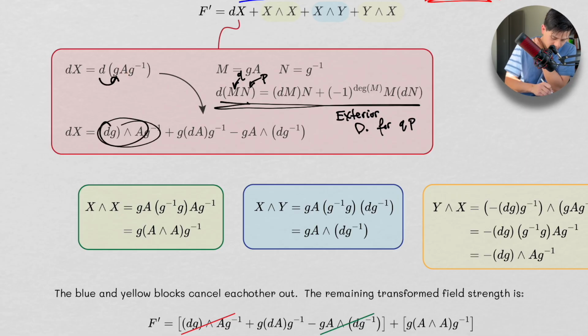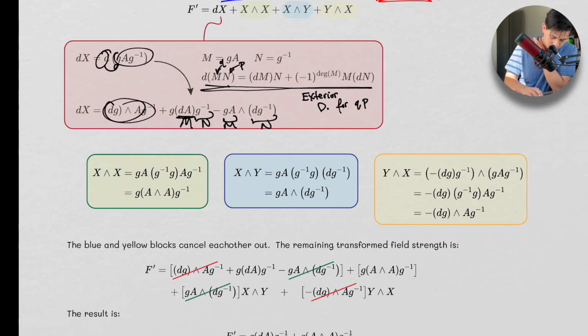We get this guy right here, and then this thing gets applied to, my apologies, to this whole thing then, because this is our M, and this is N, and then here's our M, and here's our N.